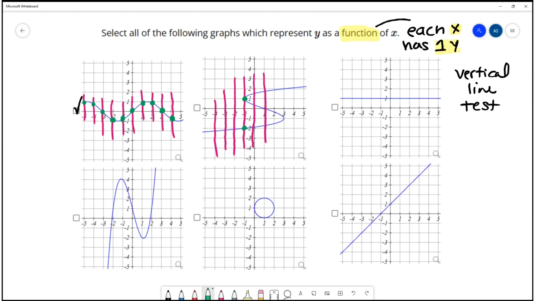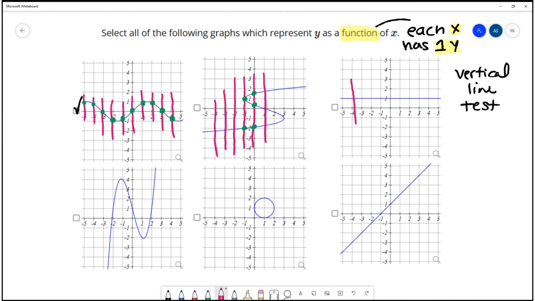So for that vertical line, I know that that x value has two y's. On this one, I have three intersection points. So for that x, I have three y's. And since I don't have exactly one y, this is not a function.